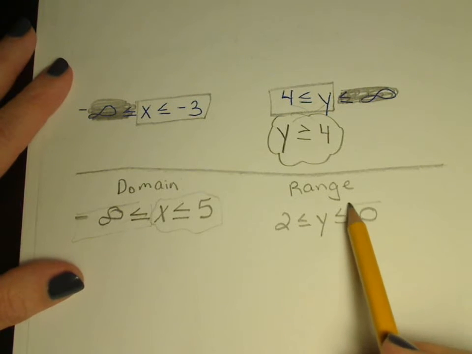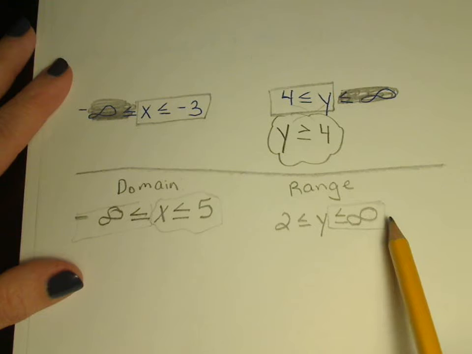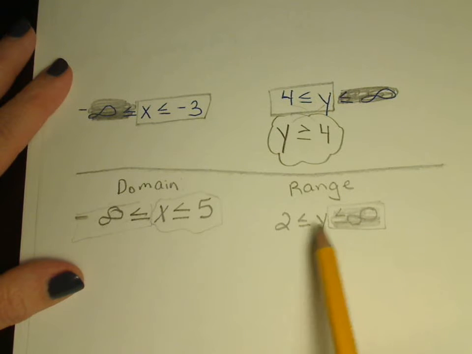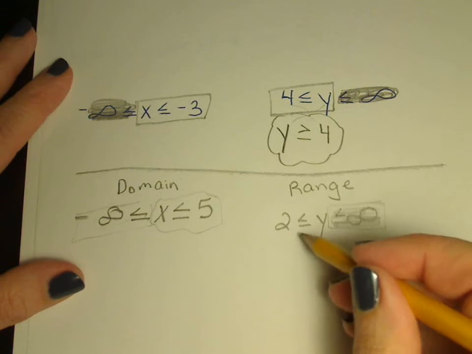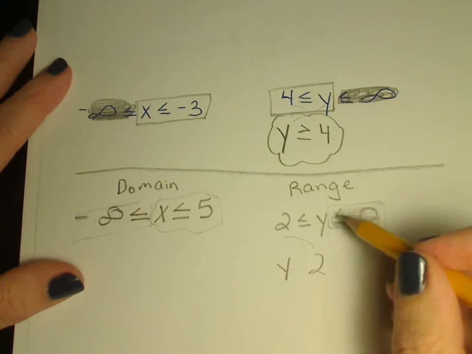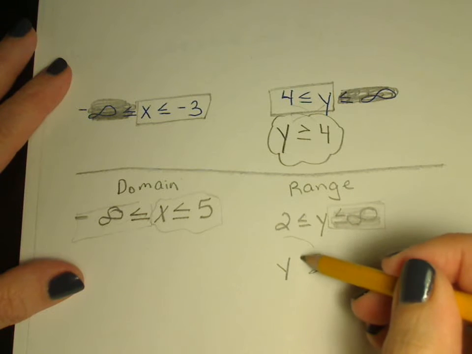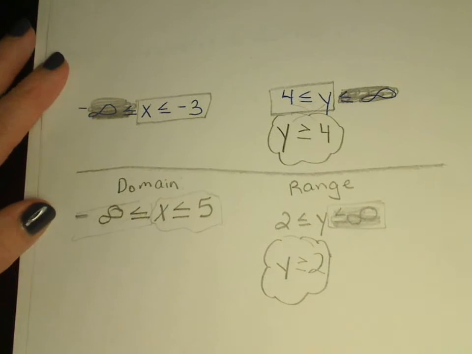You're going to take this off, the infinity sign and the inequality with it, which leaves you with this. Just like we did here, we want to reverse it. So we're going to put the 2 in the back, the Y in the front. If it opens to the Y, this one needs to open to the Y. So this would be the final answer there.